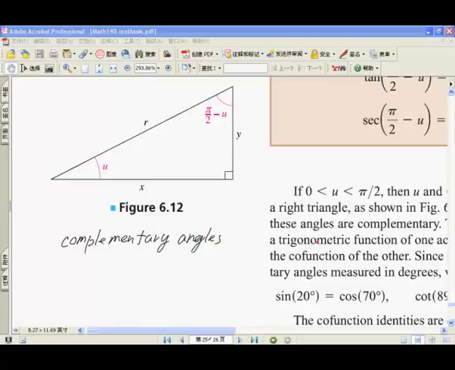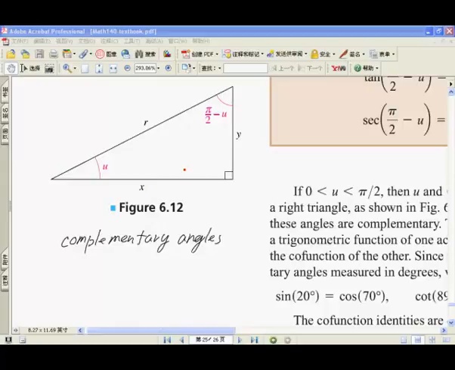And the co in the cofunction is just from this complementary. Okay, because in those functions we relate this u to this half pi minus u, and these two angles are complementary.